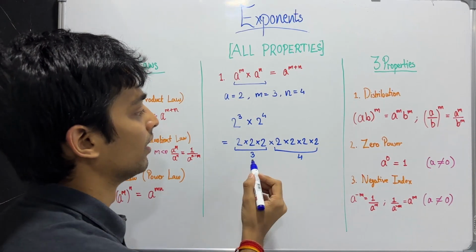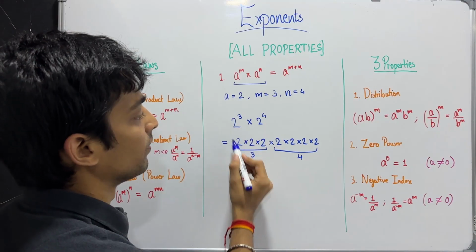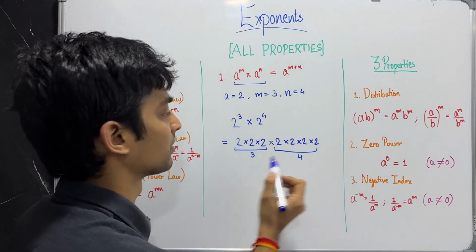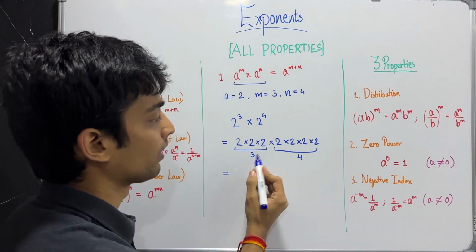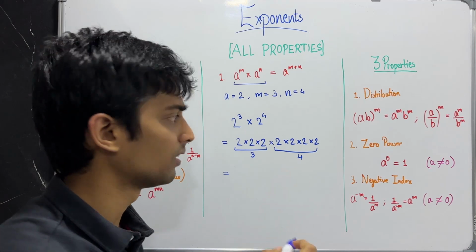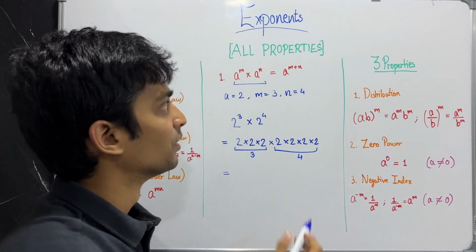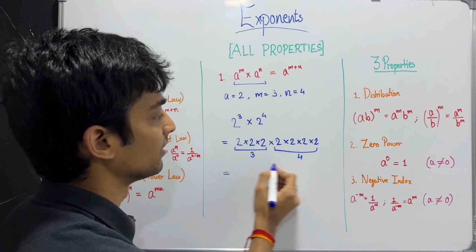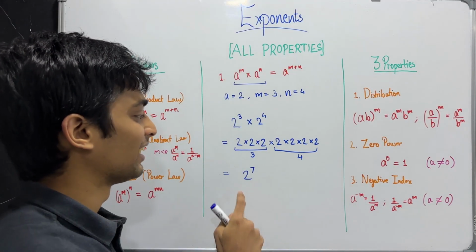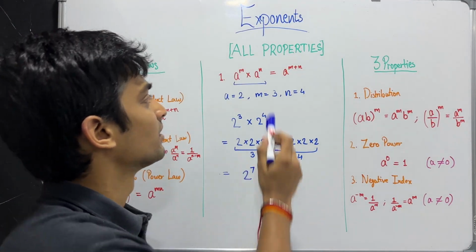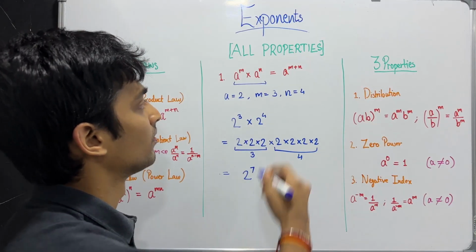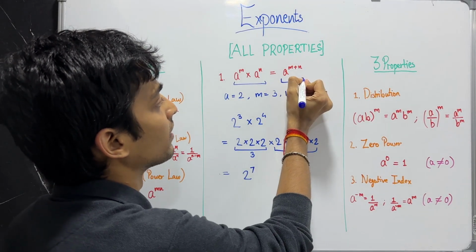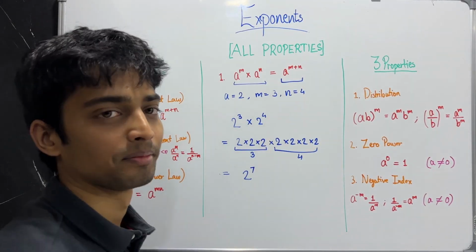Now, in total, 3 plus 4, we have 7 2's. So can't we write this directly? 4 plus 3 is 7. So can't we write directly 2 raised to 7? Hence this will become a raised to m plus n, because m plus n is 7.